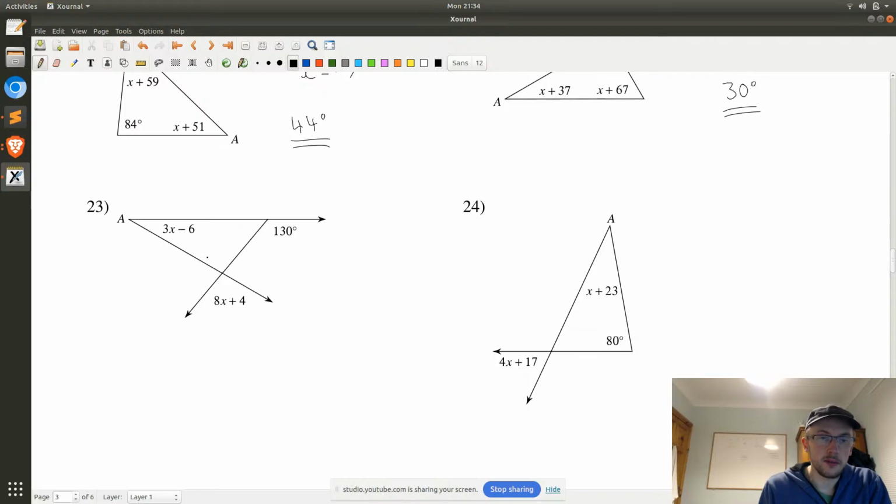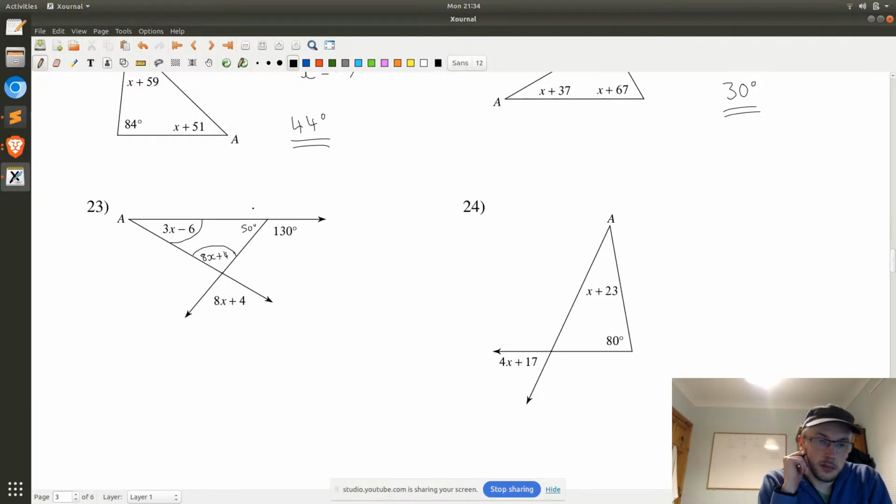This angle here is vertically opposite, so it must be 8x plus 4. This interior angle of the triangle supplements this one, so it must be 50 degrees.